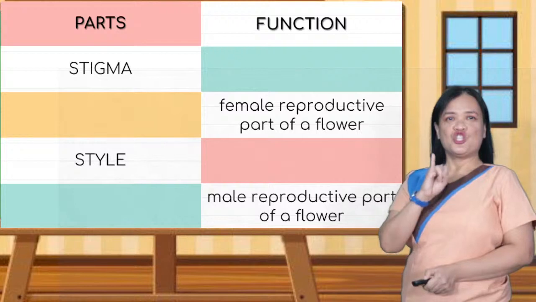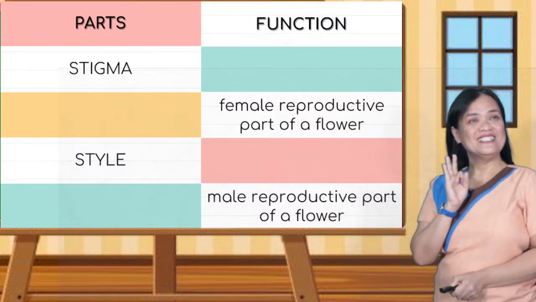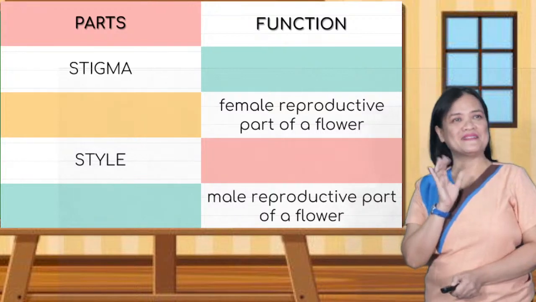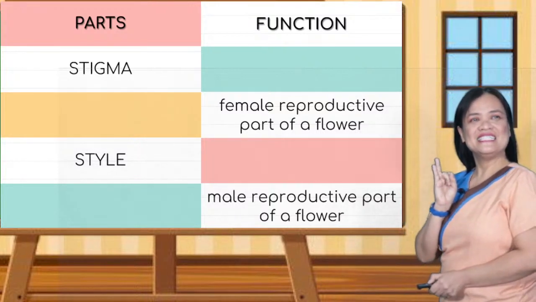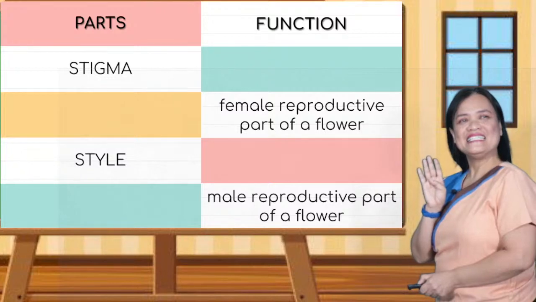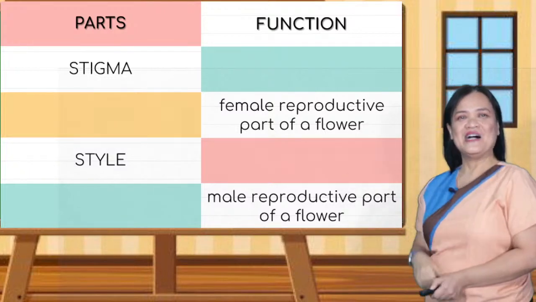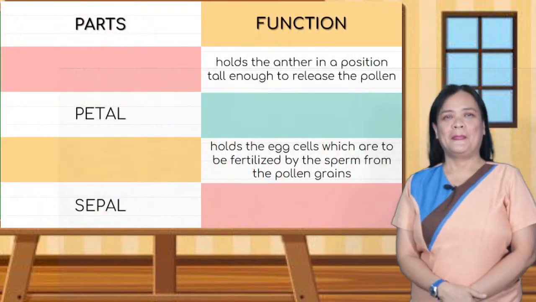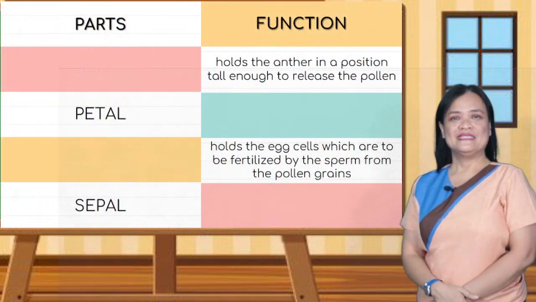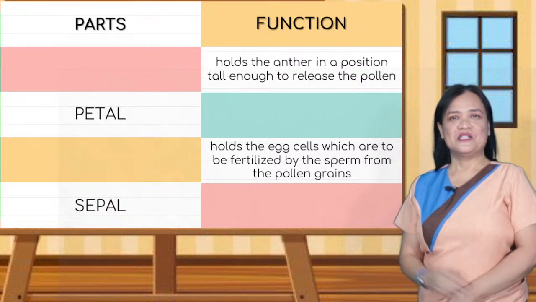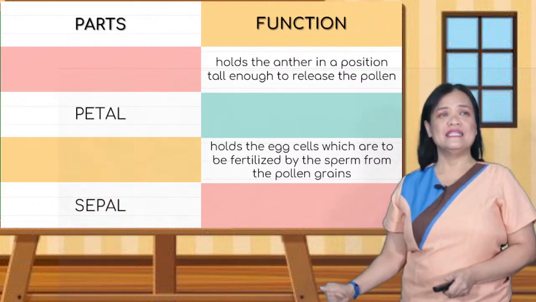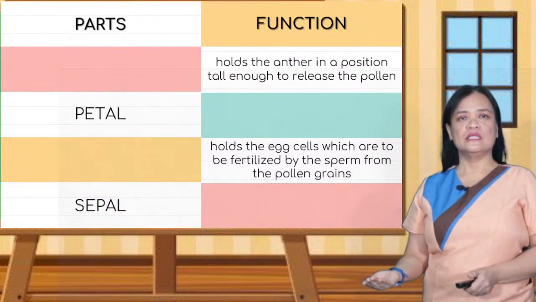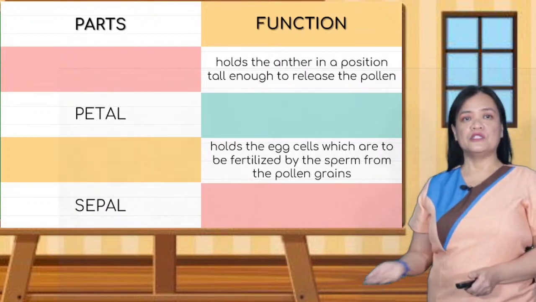One, 2, 3, 4, 5, 10 dito, medyo mahirap. 6, 7, 8, 9, and 10. Okay. The next one. There's a part, merong petal and sepal function, the first one, and the third one.